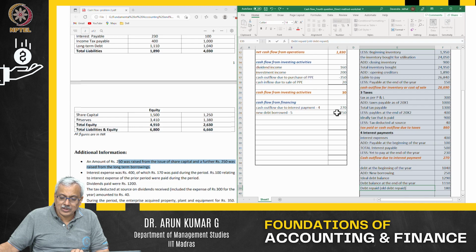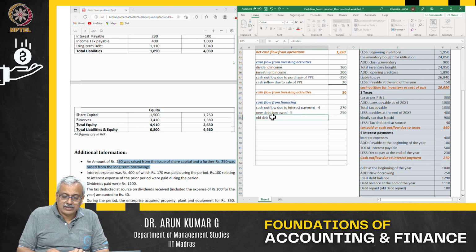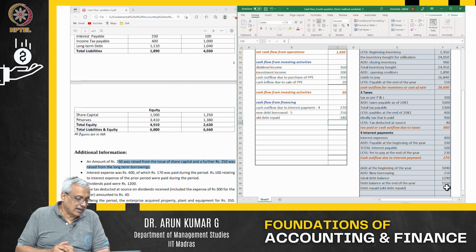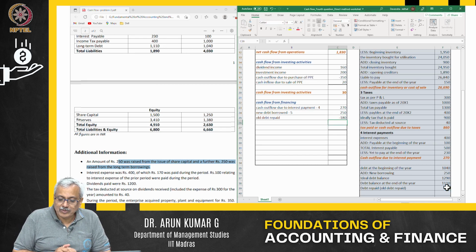So what happened? New debt borrowed 250, agreed. Old debt repaid: when you repay, there is a cash outflow, and the debt repaid is 180. 250 minus 180 is $70, what we basically see.